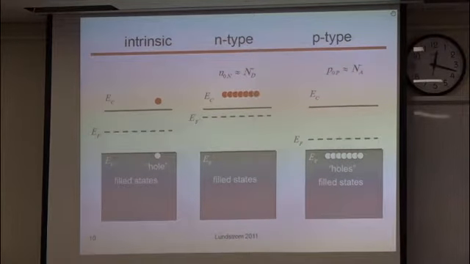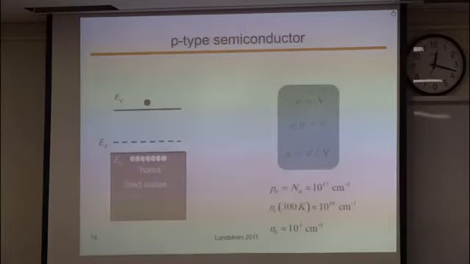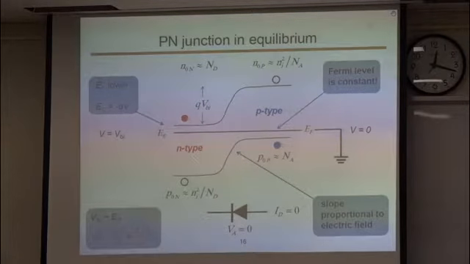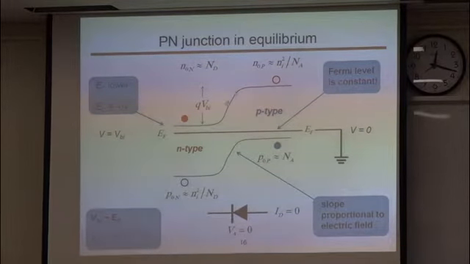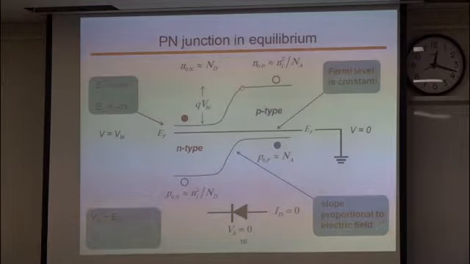And thereby, if we make a p-n junction, then the energy diagram will become like this because we have to make the Fermi level constant through the whole system, and thereby we have different energy variation like this.